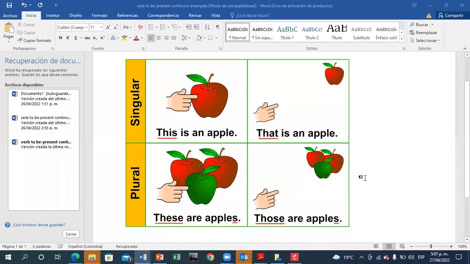Estoy en Word. Espérenme que está un poco trabado acá. No sé por qué hoy está tan lento. A ver. Listo. ¿Pueden ver la pantalla que les estoy compartiendo o todavía no? Sí, señor, sí. Okay, perfect.